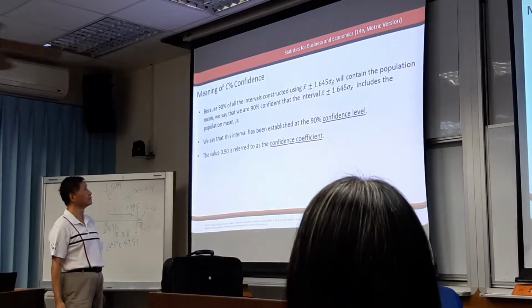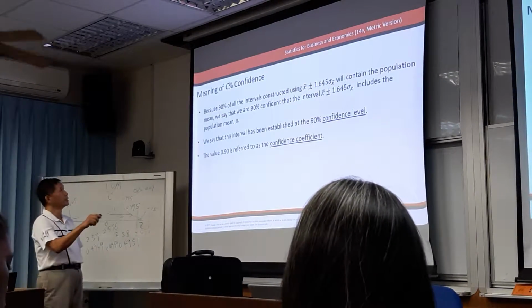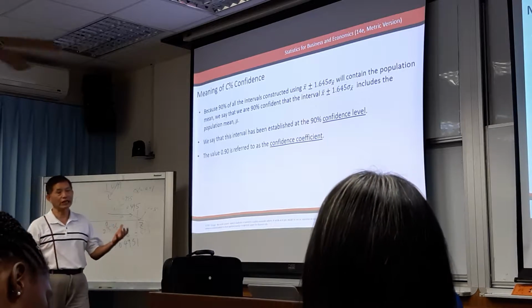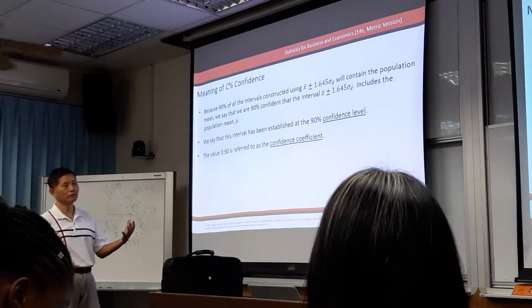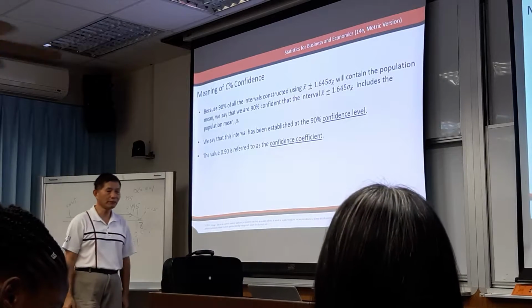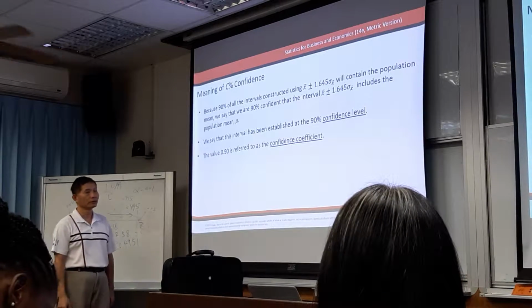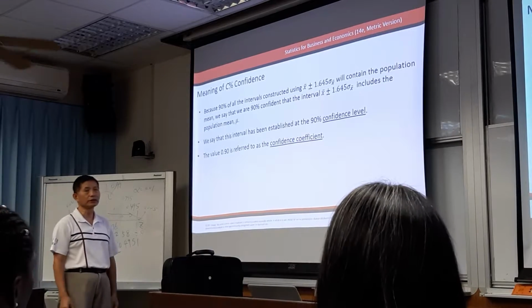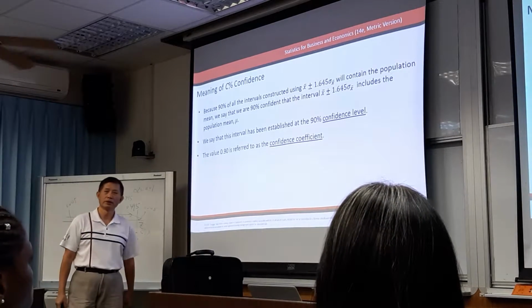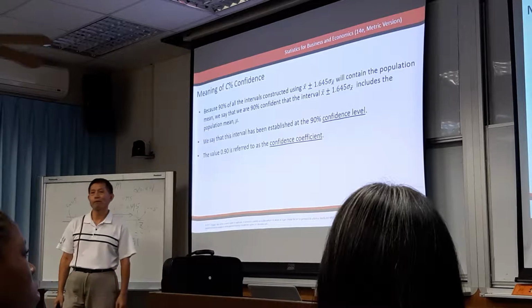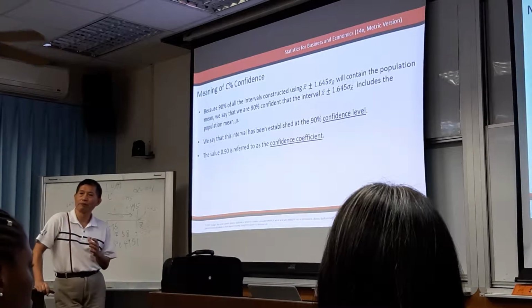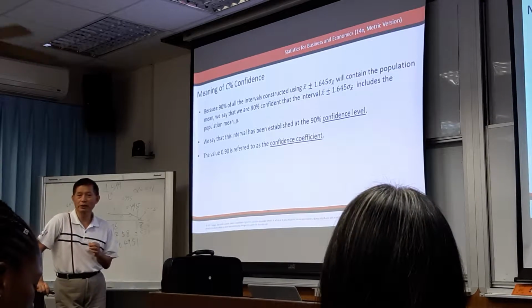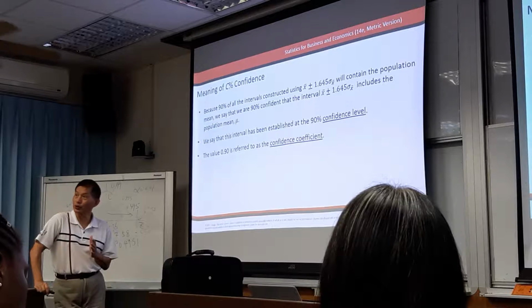So the meaning of 90% or 95% or 99% is just a probability. Alpha, maybe 5% or 1% or 10%, means you are not sure.